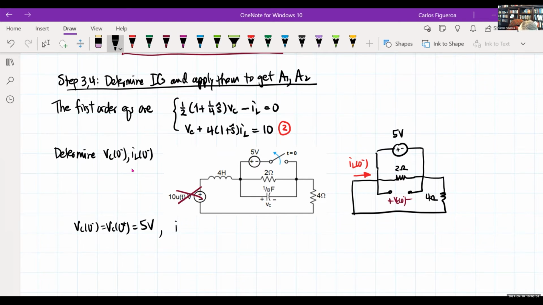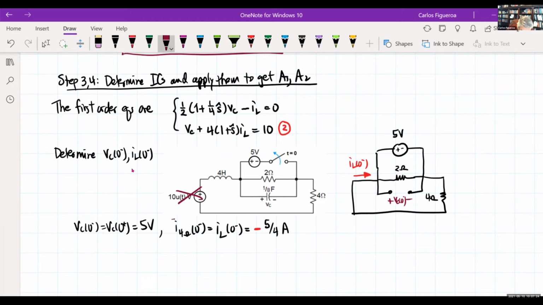So this tells me that the 4 ohm at 0 minus must be the inductor current at 0 minus. So it's really the current of the 4 ohm resistor. So if I use Ohm's law, that should be the voltage divided by the resistance. So it should be 5 over 4, but they're an opposite polarity right there.